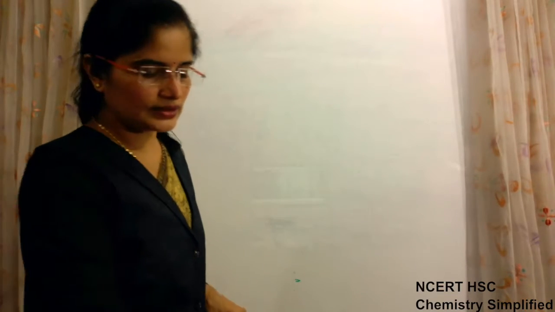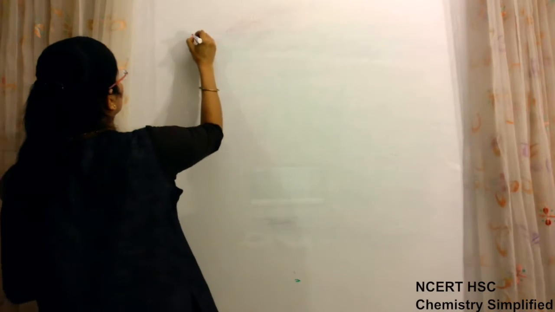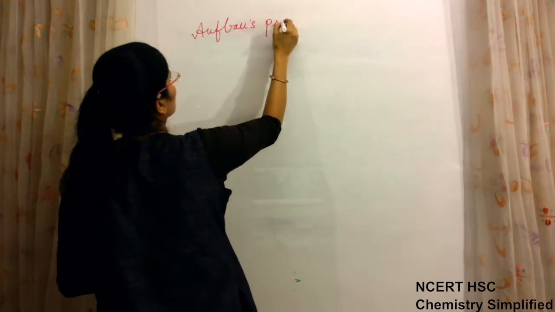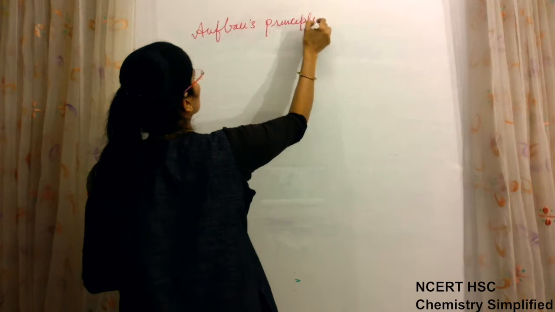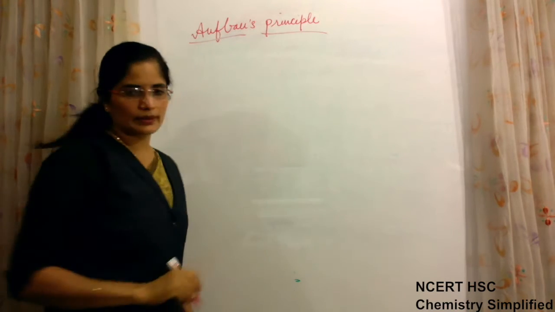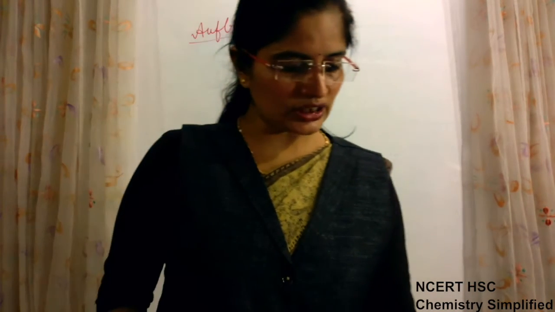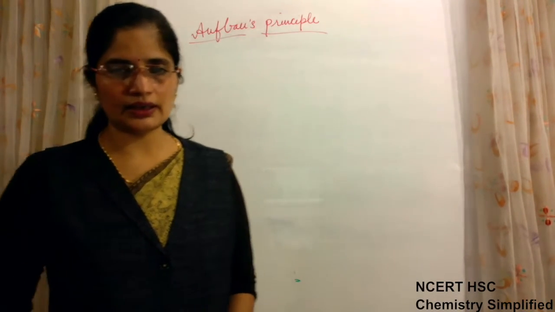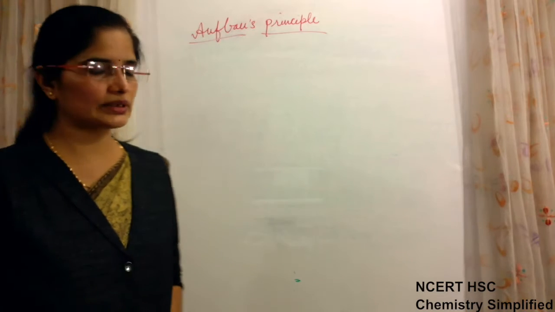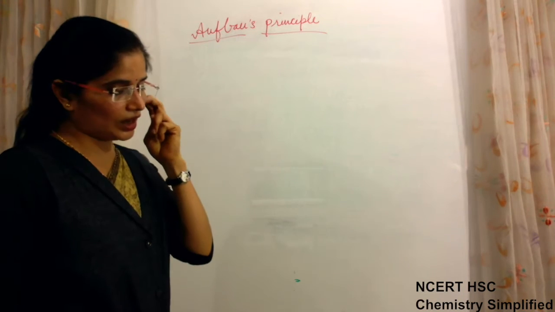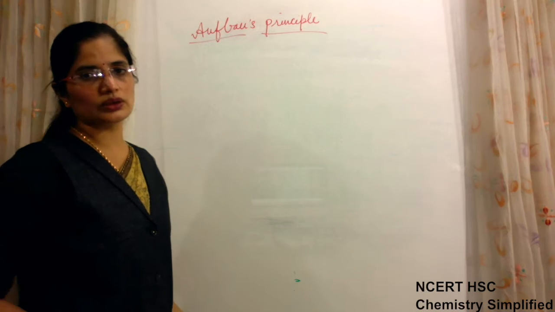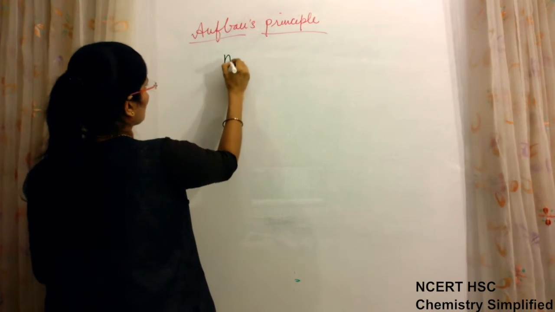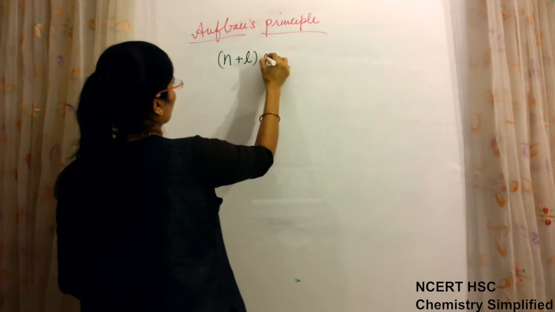So the first rule, which is a very important rule, is Aufbau's principle, which tells us the order of filling of electrons in various subshells and orbitals. With the help of this rule we predict how electrons will be filled. Aufbau's principle gave the n plus l rule.